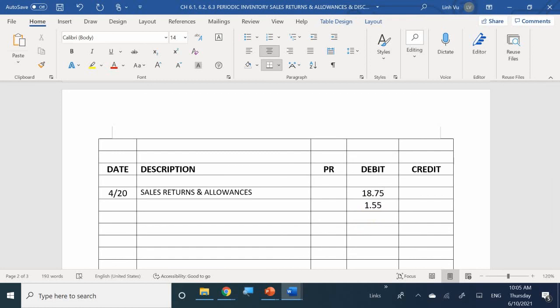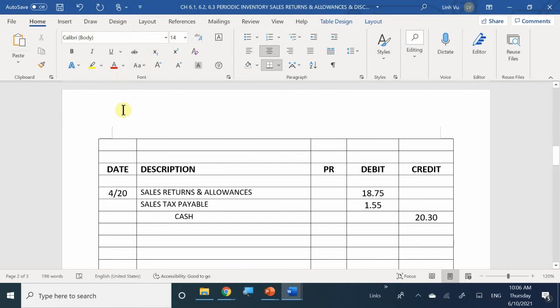Before I jump ahead, how did customer C pay me? Cash. They paid with cash. So how much cash am I going to be giving back to customer C? $20.30.